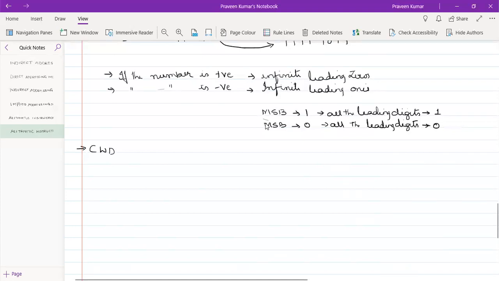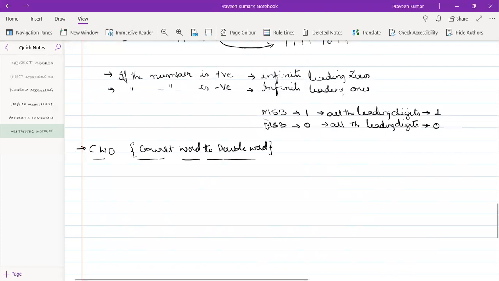CWD, which is convert word to double. These are instructions where we want a division operation and want to divide a bigger number by a smaller number.